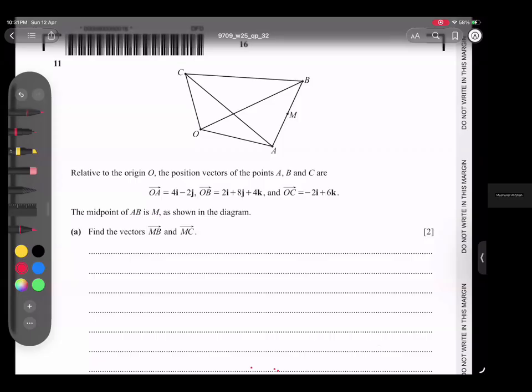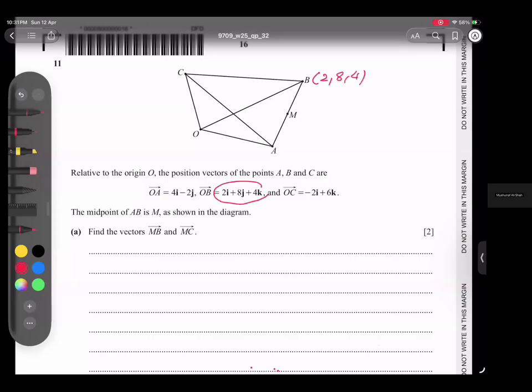Question number 11, students, we have now relative to point O, the position vectors of A, B, C given, and we have given all values. These are called position vectors of A, B, C. M is the midpoint, so the B coordinates are 2, 8, and 4.